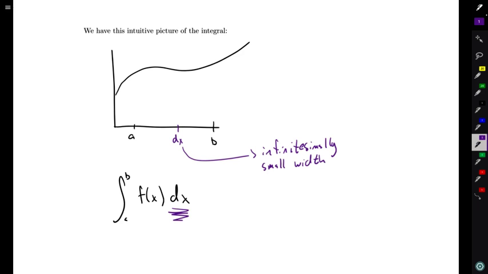So for each x value between a and b, we're going to be adding up some rectangle with width dx, and we're going to be using f of x here to represent the height of the rectangle that lies above x, with that width dx.